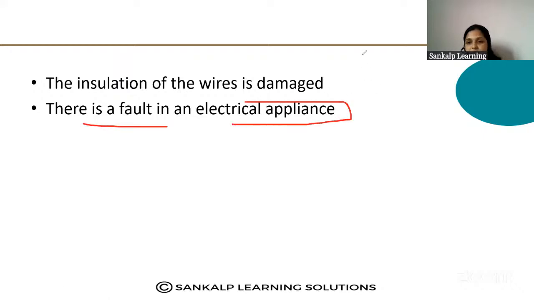If it is asked as a 1 mark question, this much is enough. These are the different reasons for an electric short circuit. Next question.